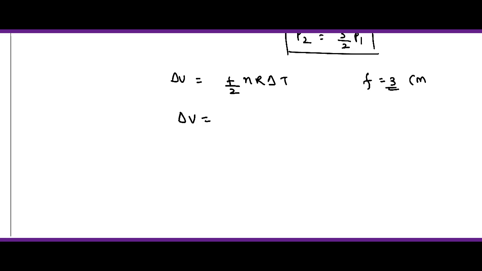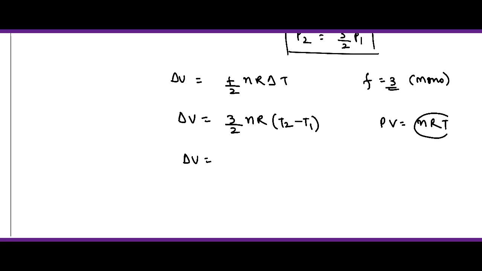So 3 by 2 nR delta T, where delta T is T2 minus T1, and from the ideal gas equation PV equals nRT, in place of nR(T2 minus T1), I can write 3 by 2 (P2V2 minus P1V1).